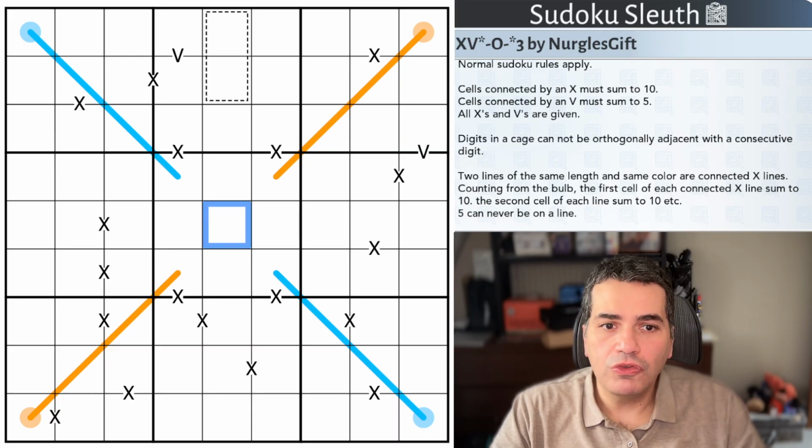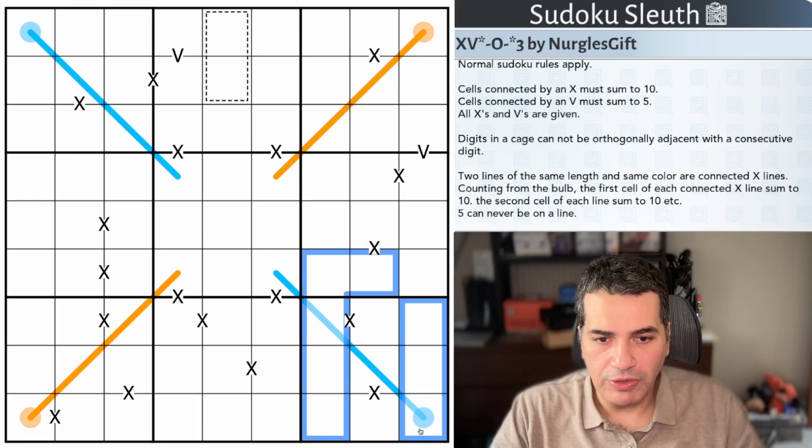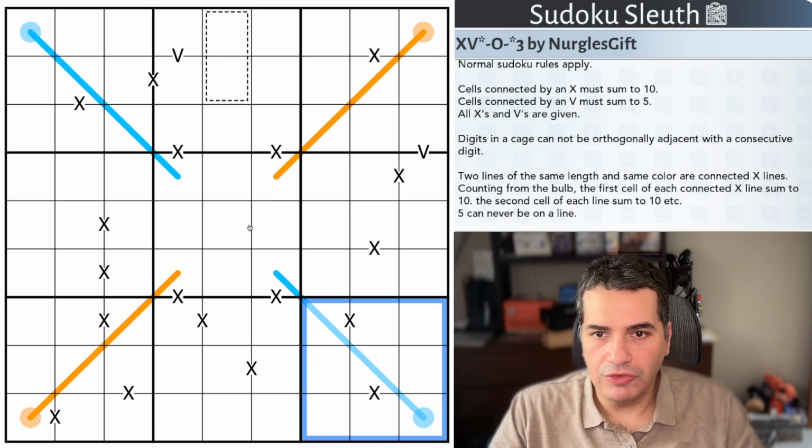Right, so rules-wise, we've got the following set of rules. Normal Sudoku rules apply: place the digits 1 to 9 once each in every row, every column, of course, and every 3x3 box, if I can highlight one. Then we have the negative XV constraint. So cells connected by an X must sum up to 10, cells connected by a V must sum up to 5, and all X's and V's are given.